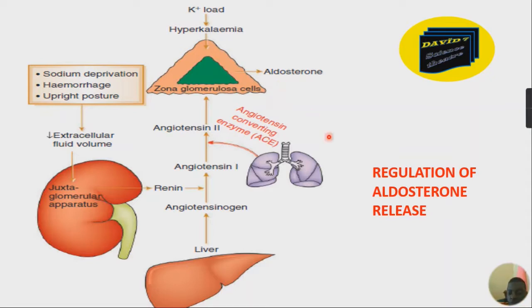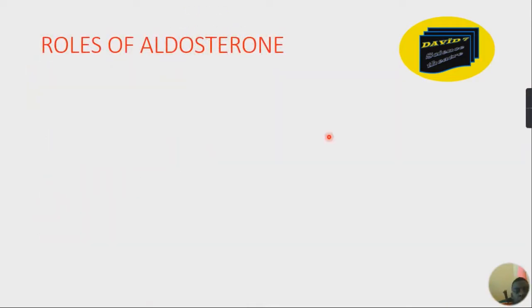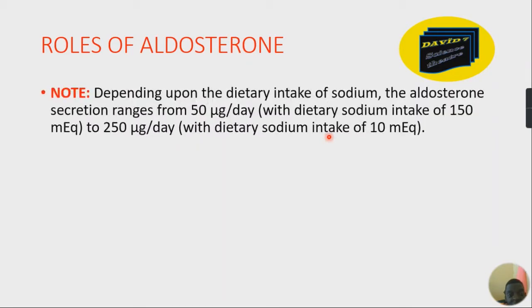So let's continue. What are the roles of aldosterone as a hormone? One, depending upon the dietary intake of sodium, you just know this. The aldosterone secretion ranges from around 50 micrograms per day if the dietary intake is 150 milliequivalents, to around 250 if the dietary intake has reduced to 10 milliequivalents of sodium.